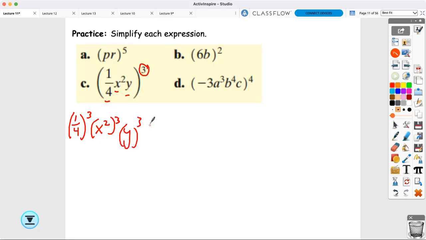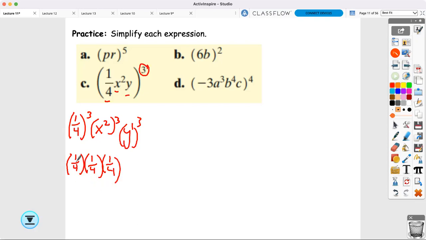We pretty much distributed to all of them. Let's do the 1/4 first. 1/4 cubed is 1/4 times another 1/4 times another 1/4.